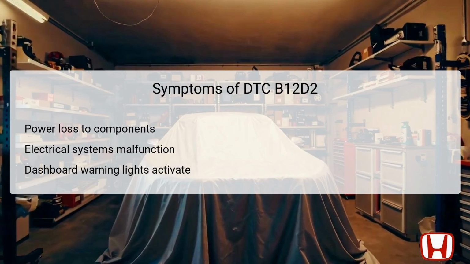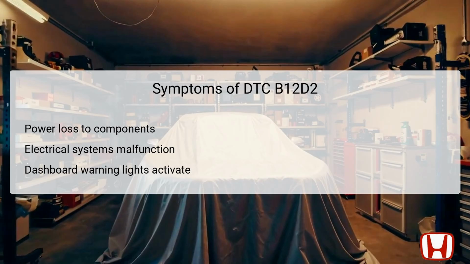Symptoms associated with the DTC B12D2 primarily revolve around the vehicle's electrical systems. Drivers may notice a power loss affecting components that depend on the IG2 circuit for functionality. This does not only result in diminished system capability, but it may also trigger dashboard warning lights, indicating potential fault conditions.